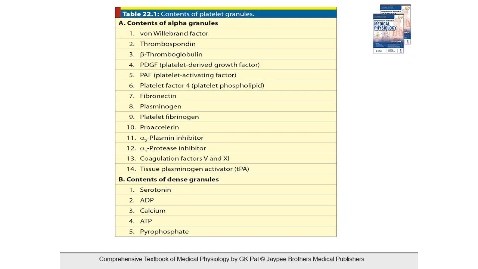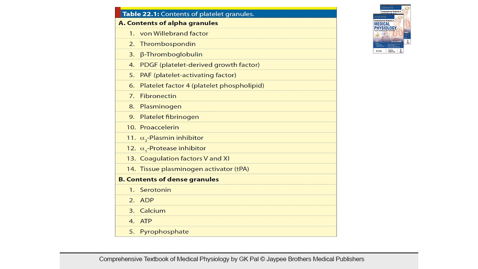So these are the contents of alpha granules and dense granules. Alpha granules secrete von Willebrand's factor, thrombospondin, and PDGF. That PDGF is a potent mitogen which plays a very important role in tissue repair after trauma to a tissue.